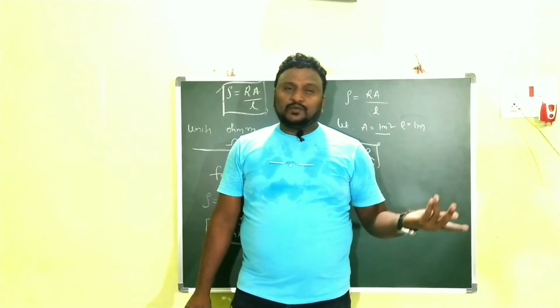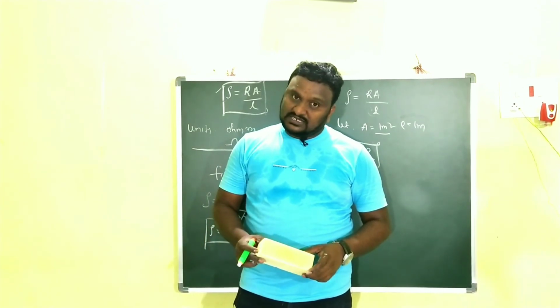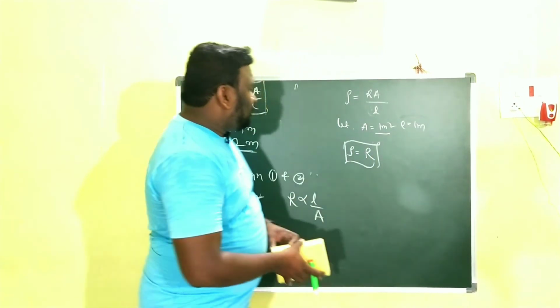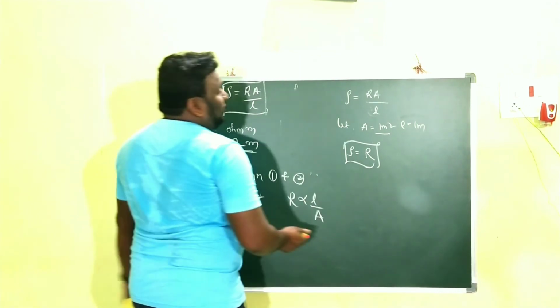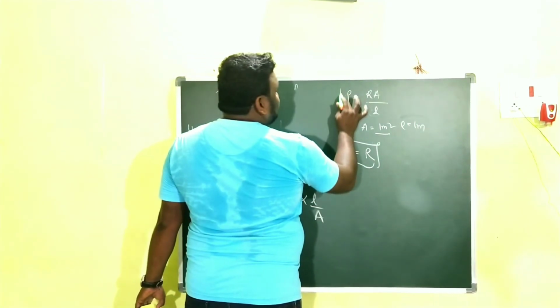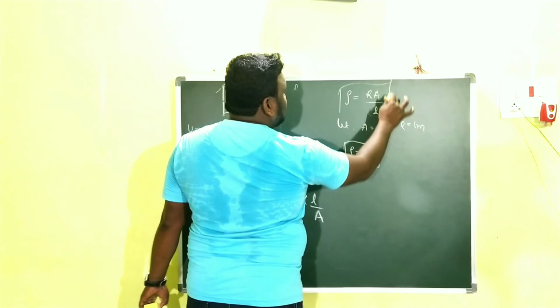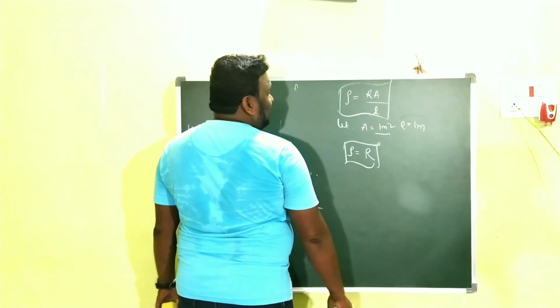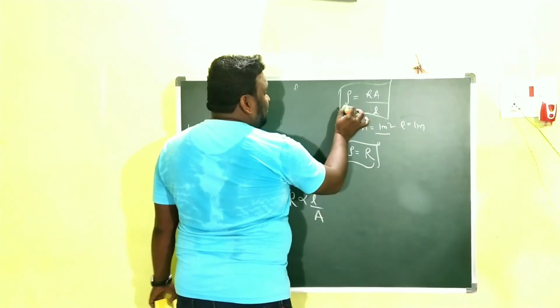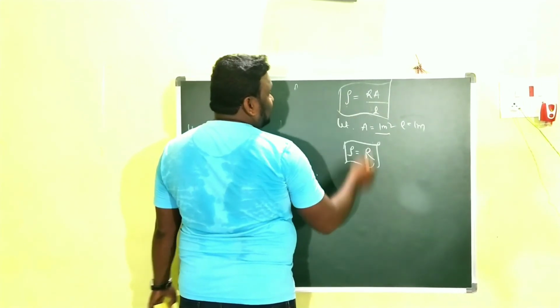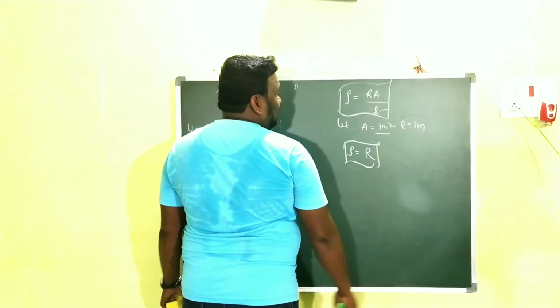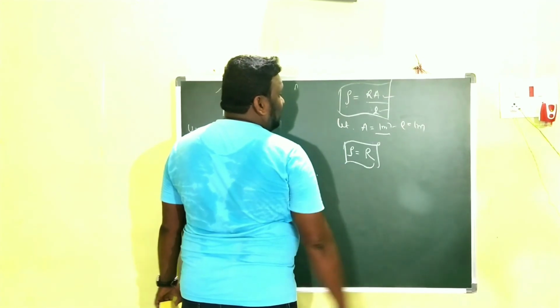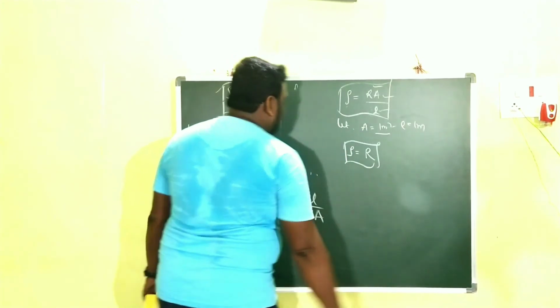That is the definition of specific resistivity. And tell me now, specific resistivity depends on how many factors? 3 factors: length of the conductor, area of the conductor and resistance of the conductor.